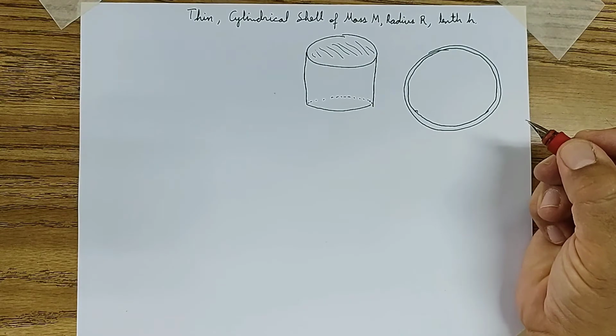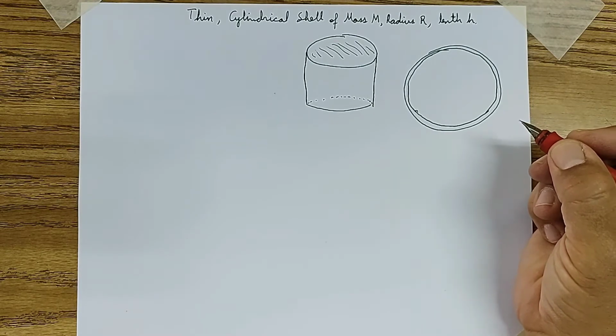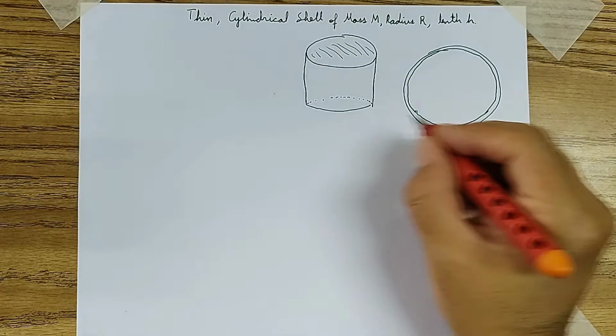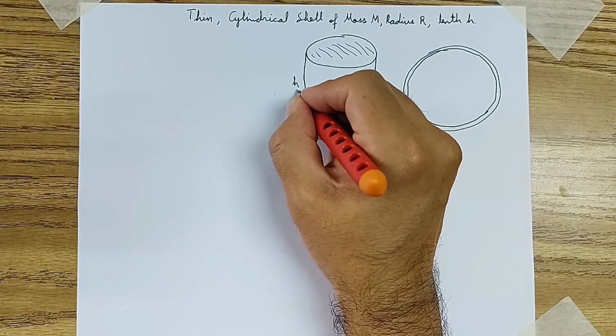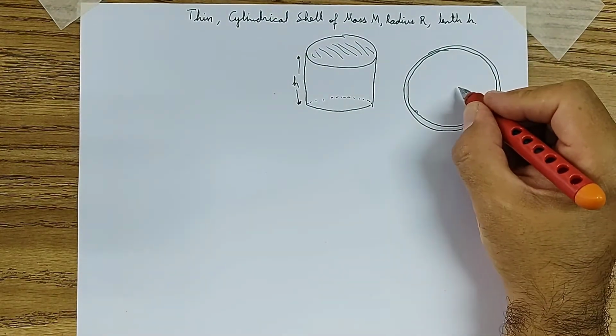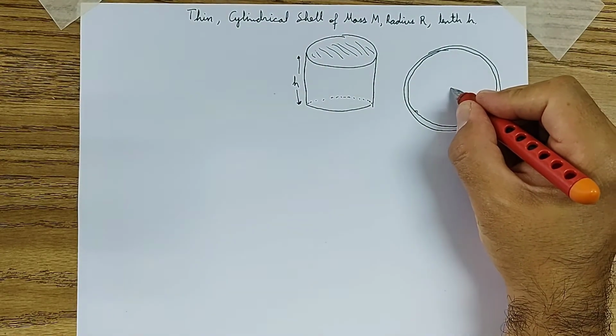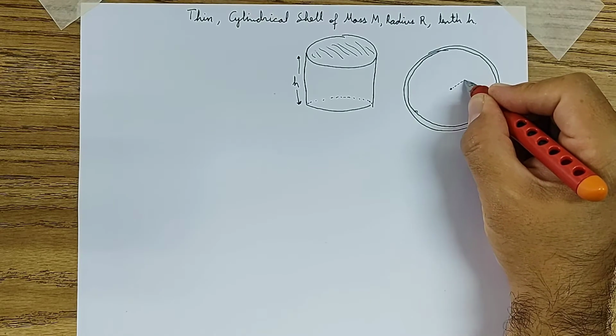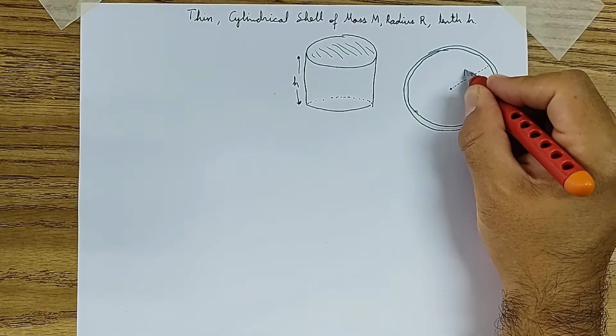Looking at it from the top, this looks like a hollow, thin hoop because the height h is not taken into consideration. However, the radius is evident here. This is the center of the cylindrical shell. The radius goes like that.